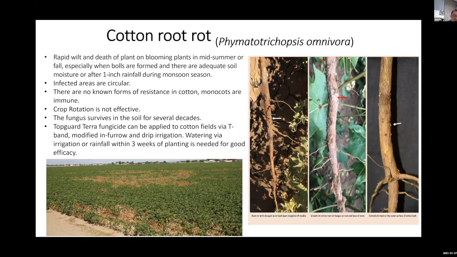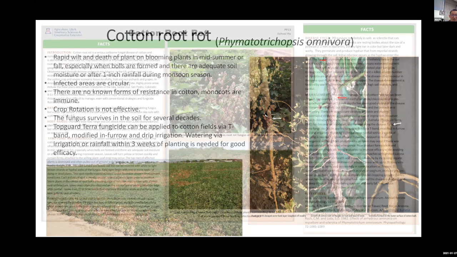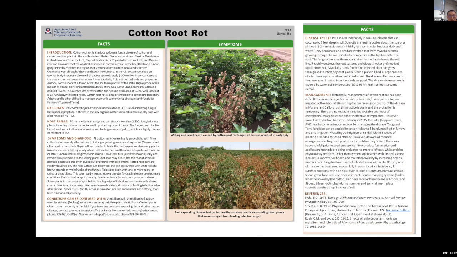I think most of our growers are pretty familiar with this disease, and Randy just mentioned it. I just want to point out that we're going to have an extension publication available soon. This publication summarizes symptomology and also management, with really first-hand, very new photos we took in the field. It's going to be available to you soon.